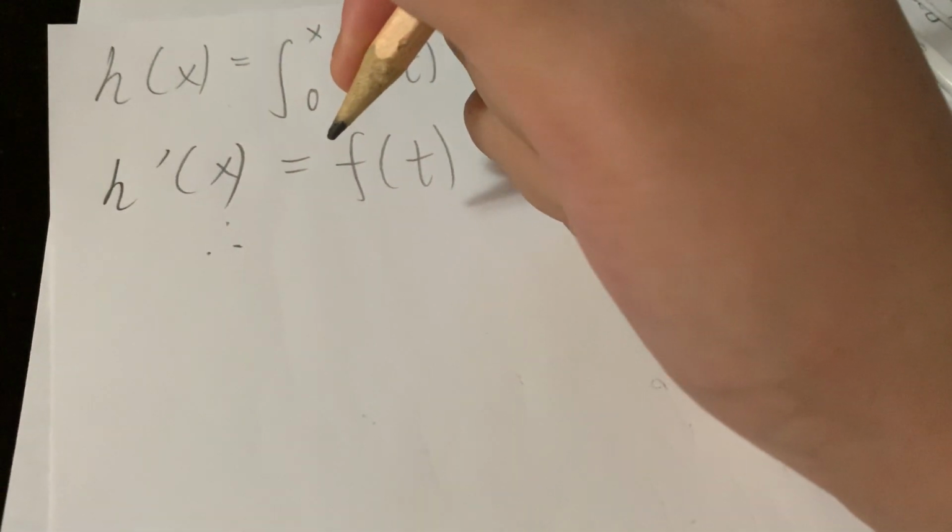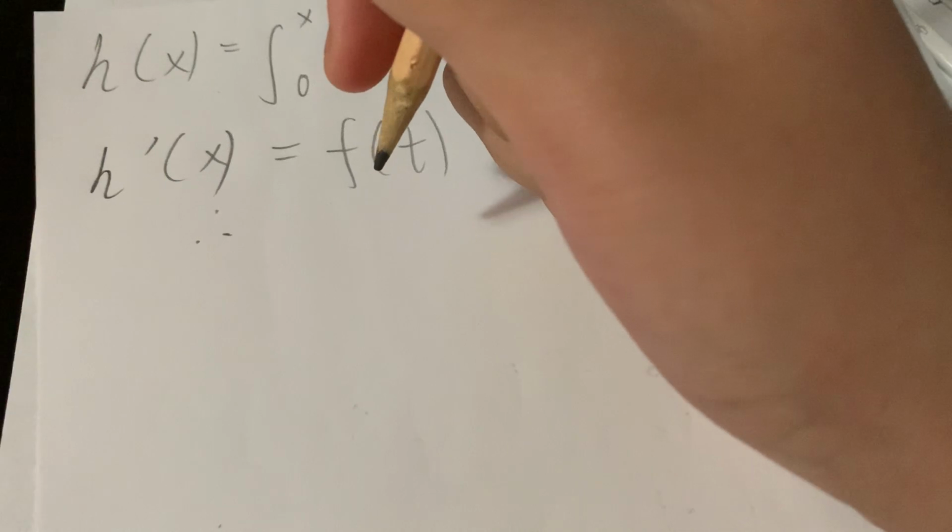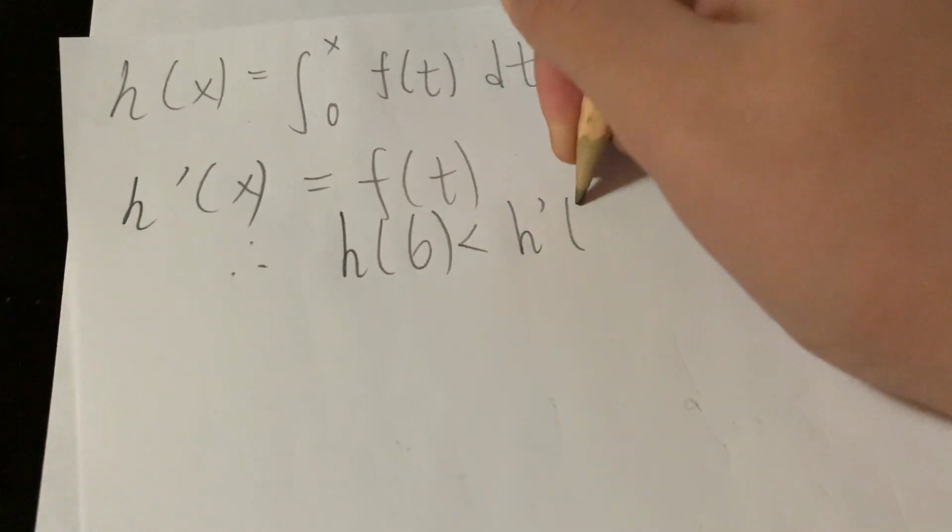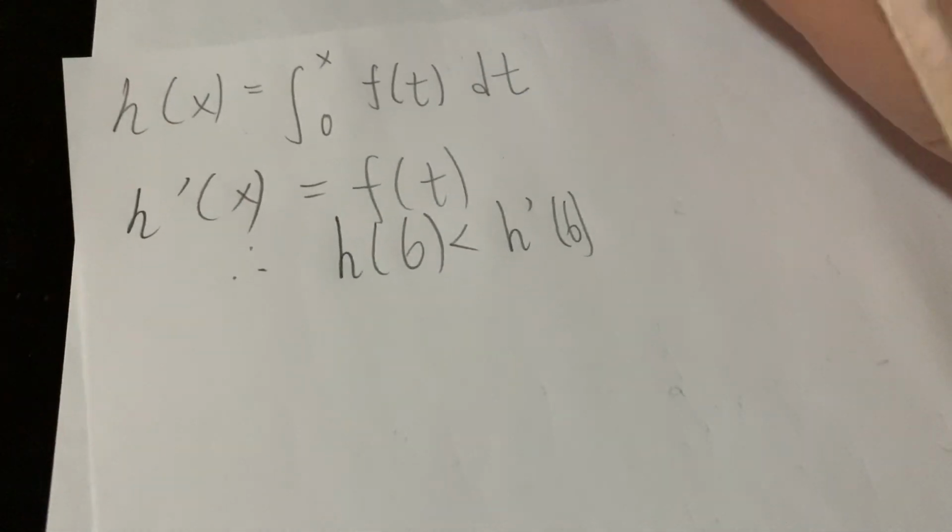So first we can get h(6) is definitely smaller than h'(6) because h'(6) has positive slope while h(6) is, well, it is not a matter of slope.